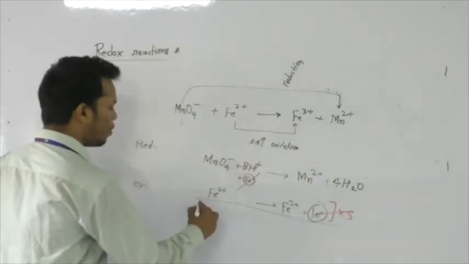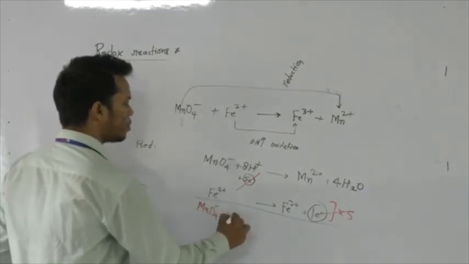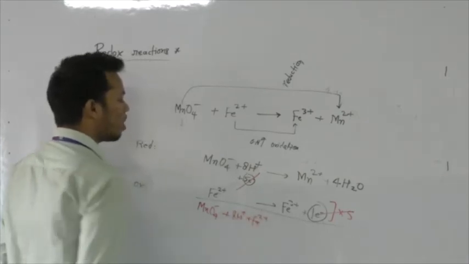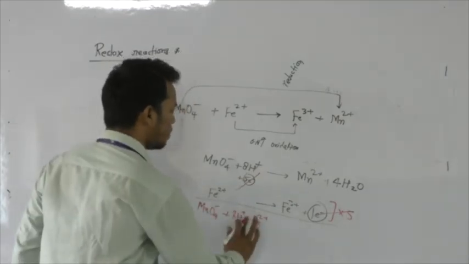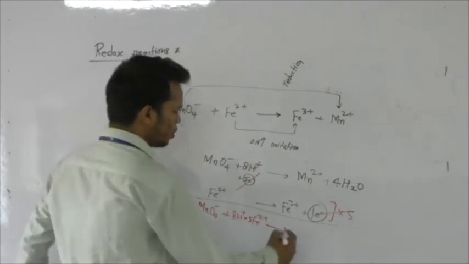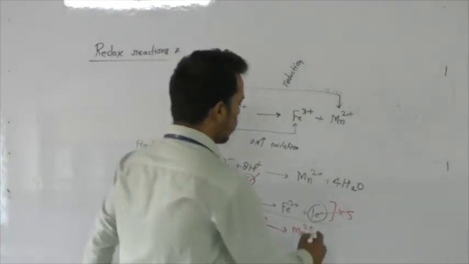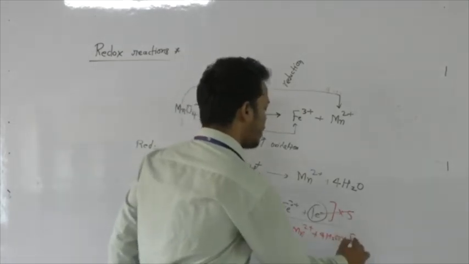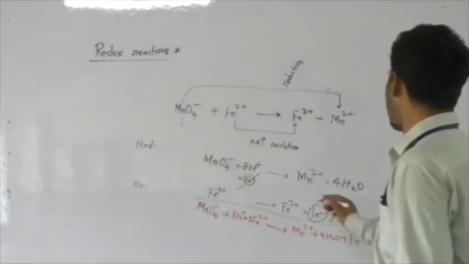So MnO4 minus plus 8H plus plus 5 Fe2 plus will give you Mn2 plus plus 4 water plus 5 Fe3 plus.